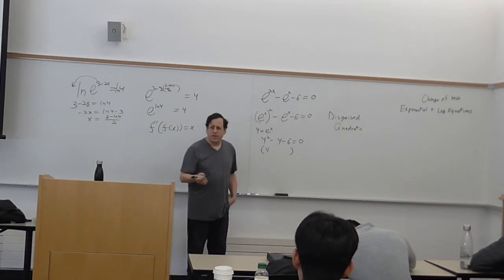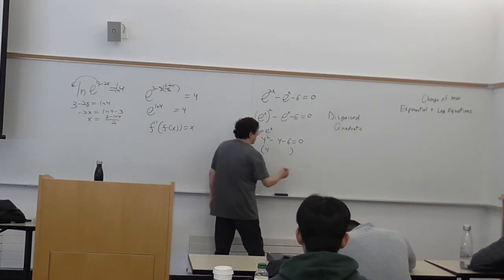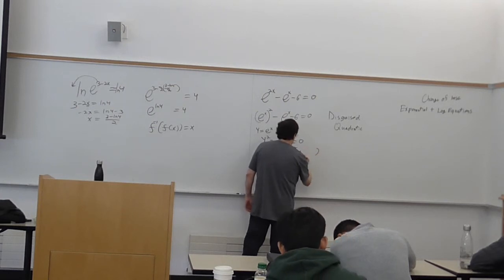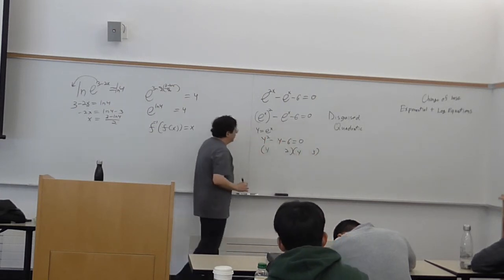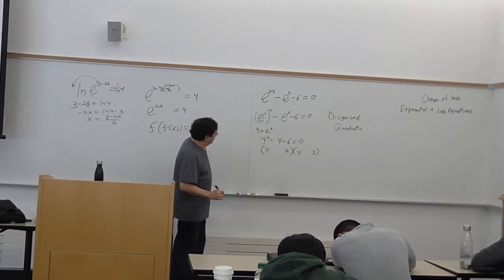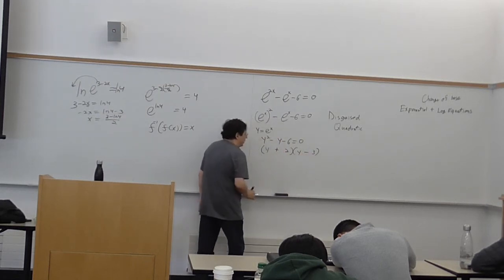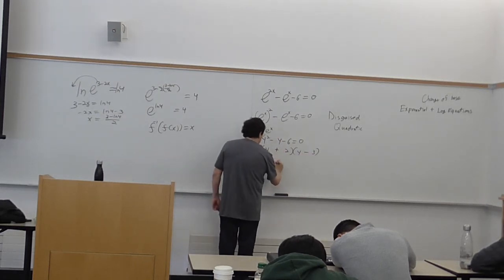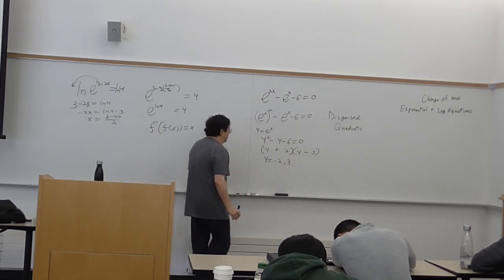If I can't factor it, I could use the quadratic formula. All right, y, looks like 2 and 3, and where's the plus go, and where's the minus go? The minus goes here, plus goes here. So I know y is equal to minus 2 or 3, okay?